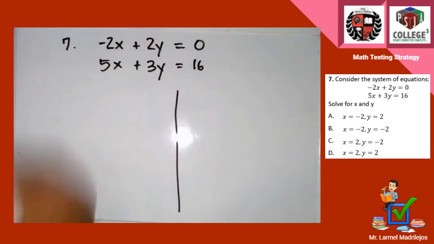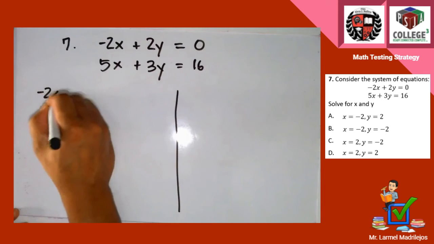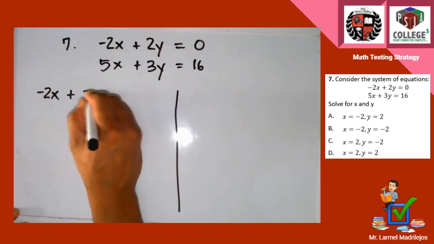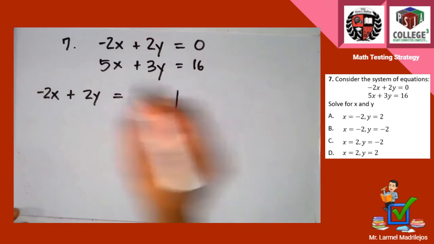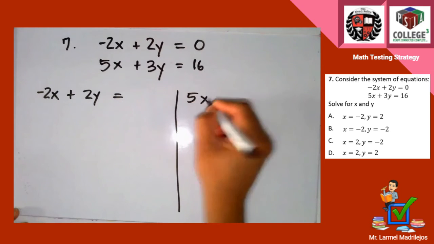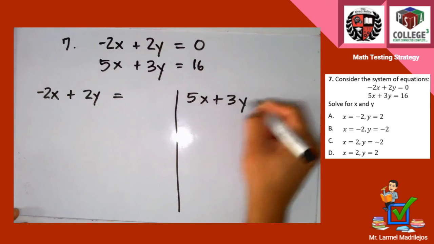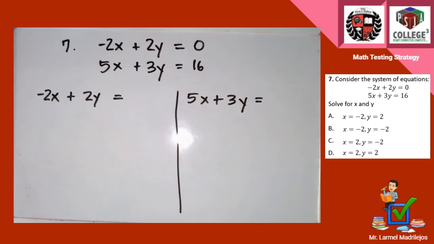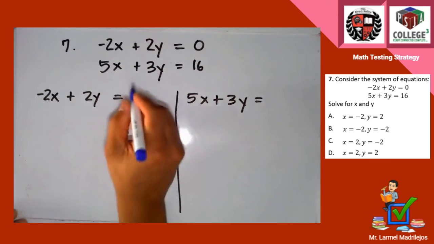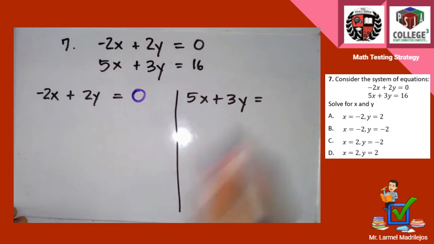Okay. We're going to test the answer choices. The first equation is supposed to be equal to 0. The second equation is supposed to be equal to 16. Okay, let's start.